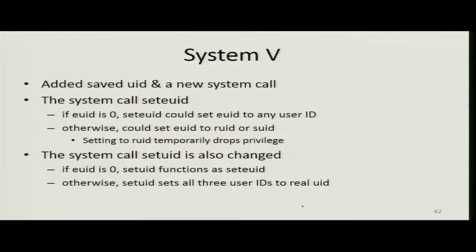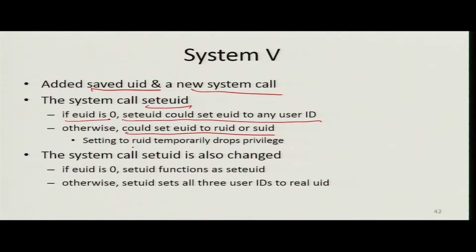Now, System V actually added this idea of the saved user ID and a new system call. So, the system call seteuid works if UID is 0, and then it could be set to any user's ID. That means that you are already privileged, so you can actually set it to another ID. Otherwise, it could set the EUID to the RUID or the saved user ID.